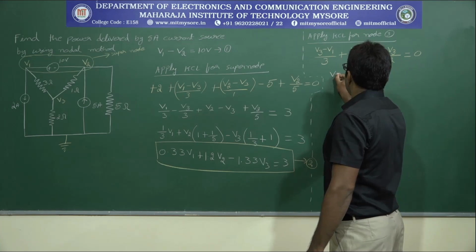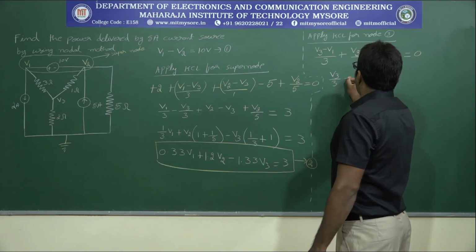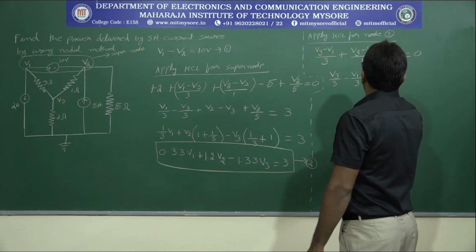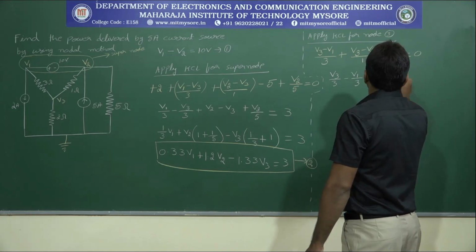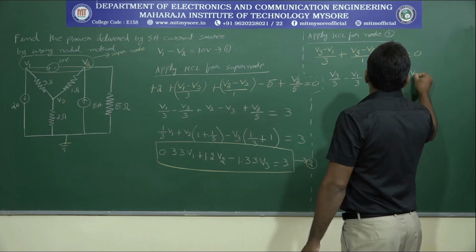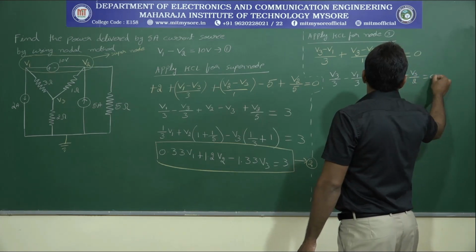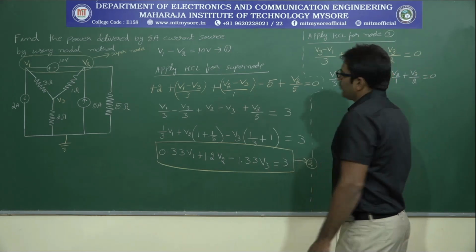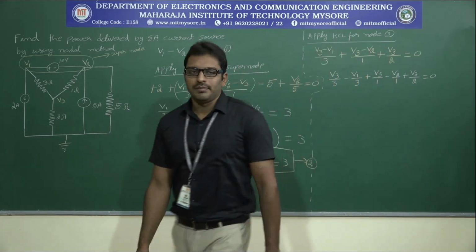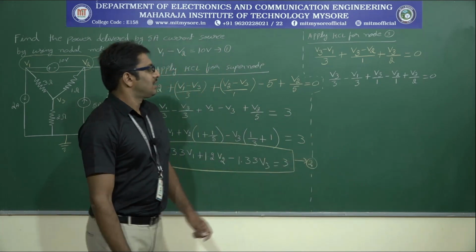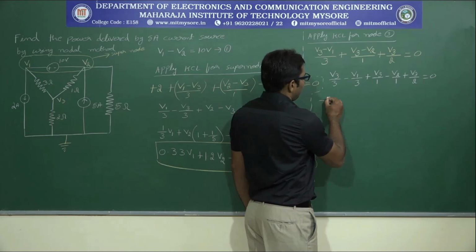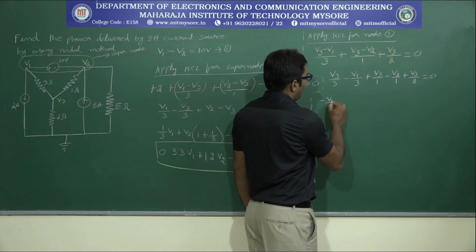First let me split this: V3 by 3 minus V1 by 3 plus V3 by 1 minus V2 by 1 plus V3 by 2, that is equal to 0. Next, just group the similar terms. First V1 by 3, so minus V1 by 3.